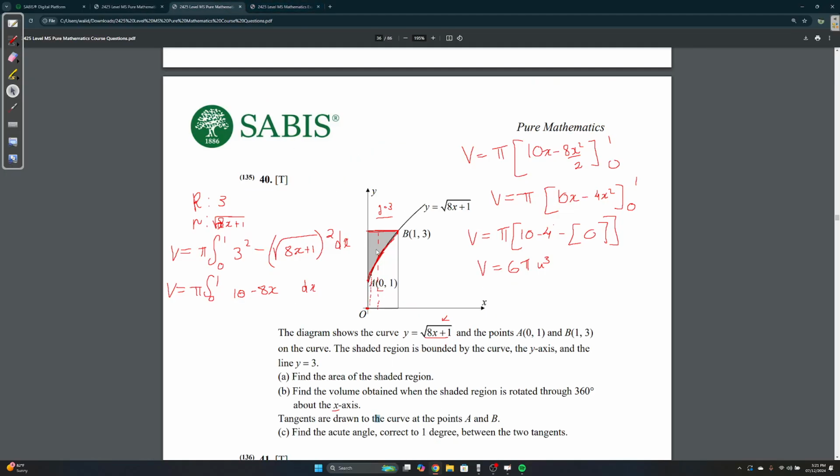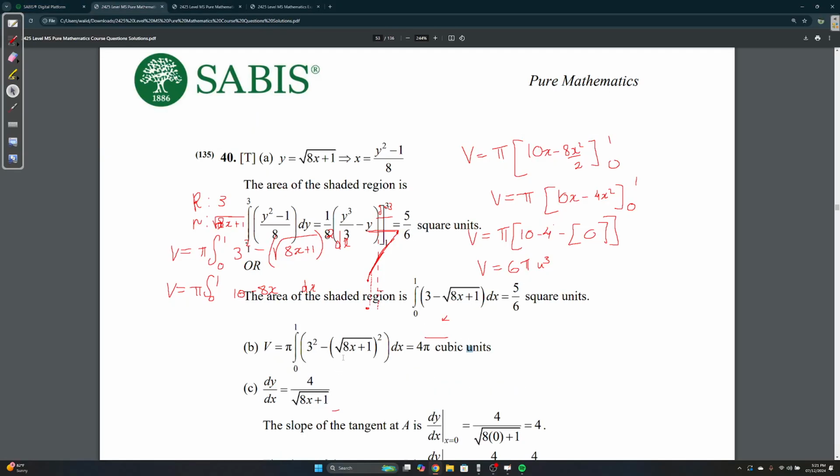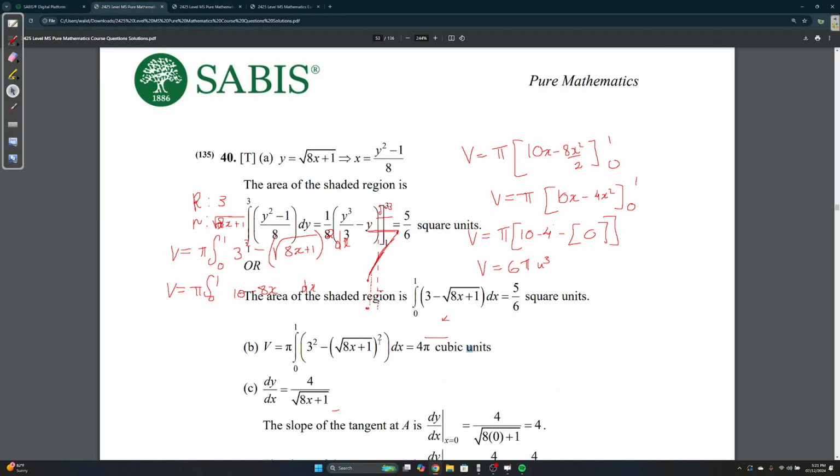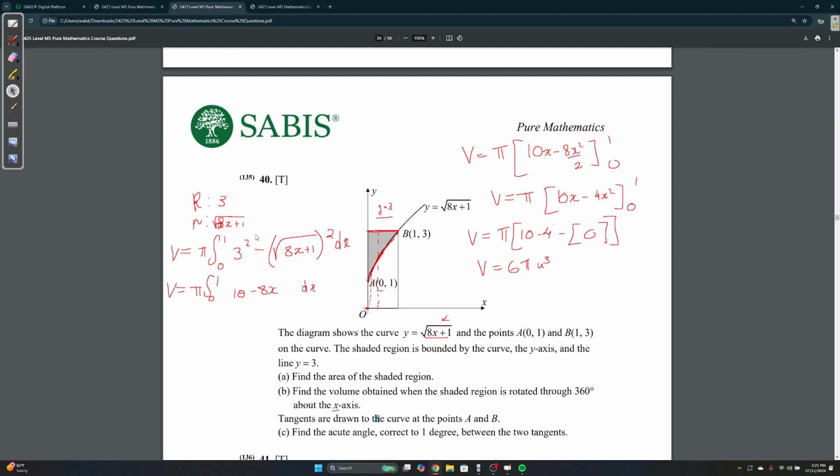Did I do something wrong? Let me see, what did I do wrong? Root 8x plus 1 squared, and it's the same thing I have. So 9... Walid might be stupid, guys.